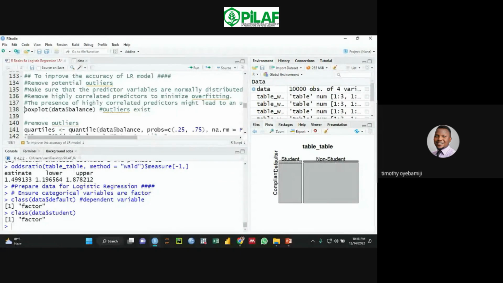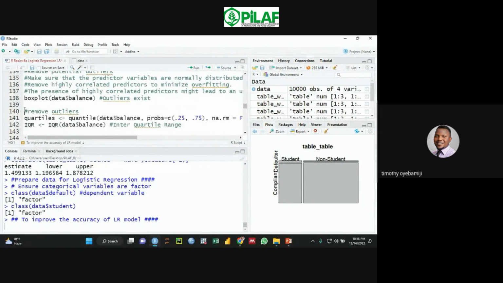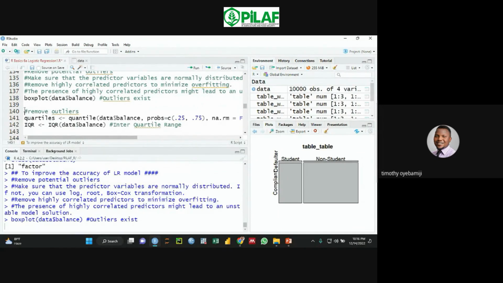Here we are plotting box plots for balance. Outliers exist for balance, and you can see we have so many outliers. This is the 25th percentile, this middle line is the median, and this is the 75th percentile.